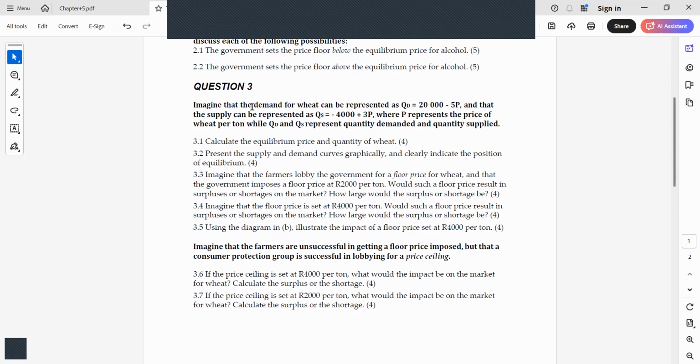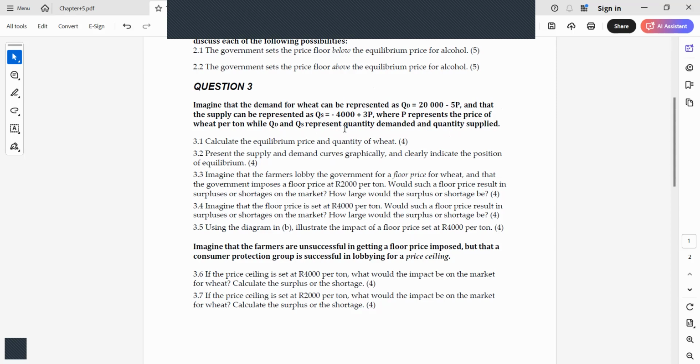They say imagine that the demand for wheat can be represented as quantity demanded equals 20,000 minus 5p, and that the supply can be represented as quantity supplied equals minus 4,000 plus 3p, where p represents the price of wheat per ton, while quantity demanded and quantity supplied represent the quantities.